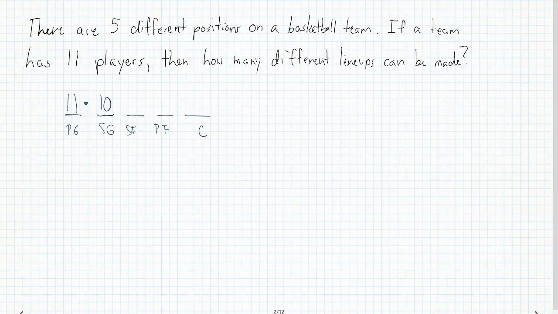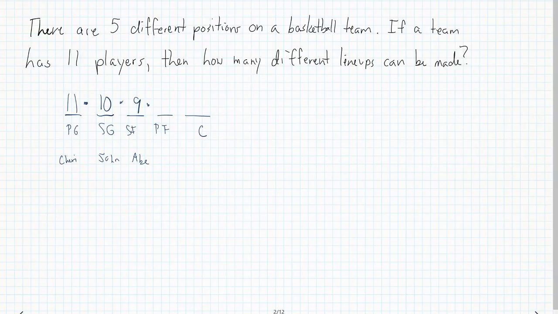Okay. So we have 11 and 10 there. Now, say we had Sherry and John playing point guard and shooting guard respectively. Then we move on. How many different possibilities do we have for small forward? Well, that means you have 9 players that could possibly play small forward. So, for example, Sherry, John, let's say Abe played small forward, and then we're going to have 8 possibilities for the power forward.